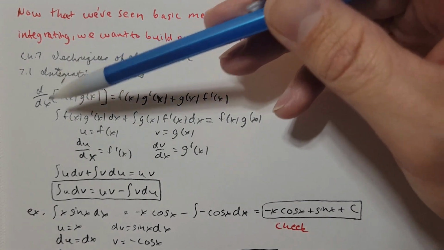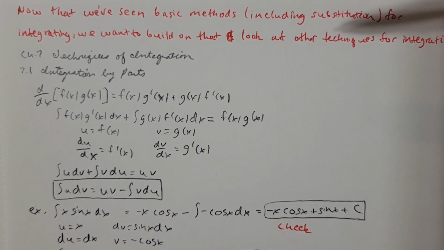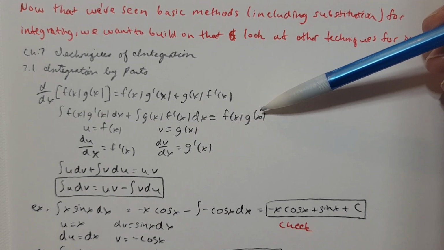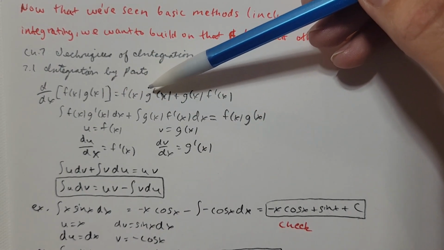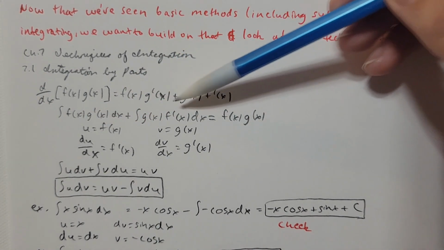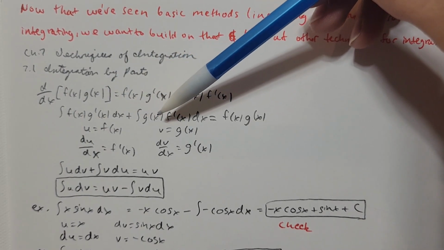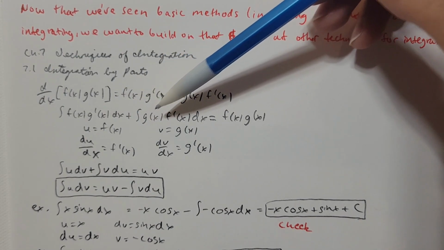When I integrate a derivative, that's the operation that kind of undoes the derivative there. So I'm going to get f of x times g of x on the right. And then on the left, I'm integrating this side here. And when I integrate a sum, I can split up the integral if I want.